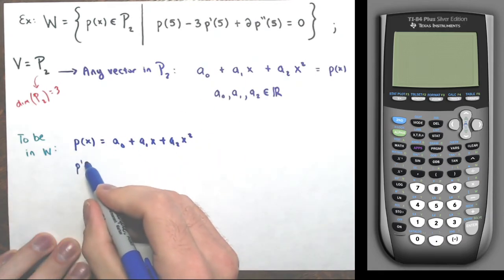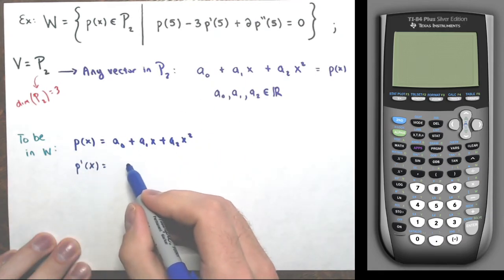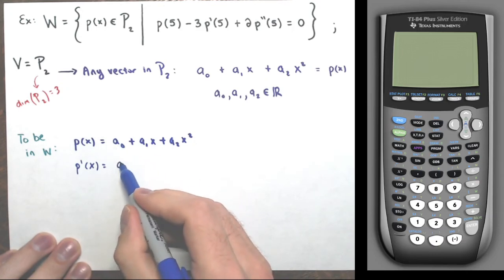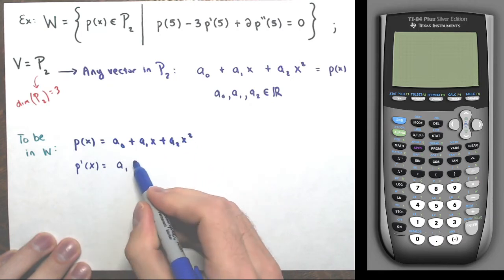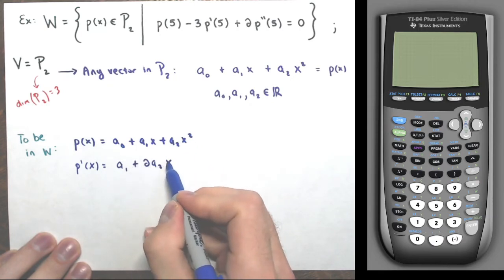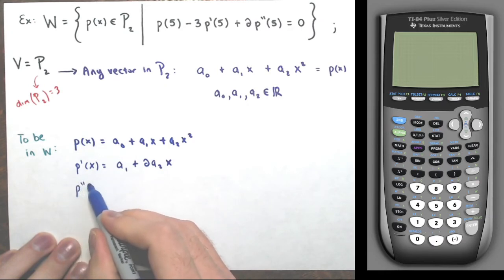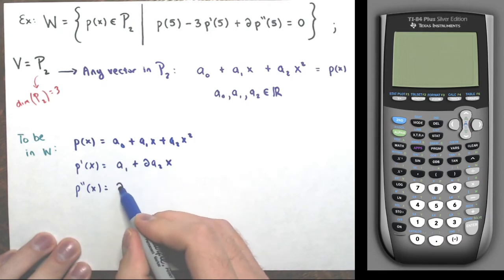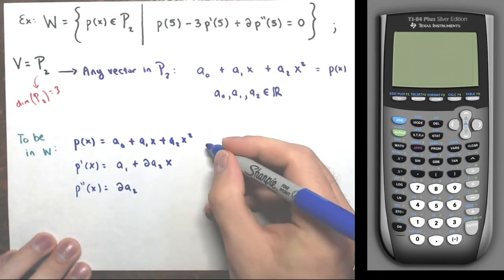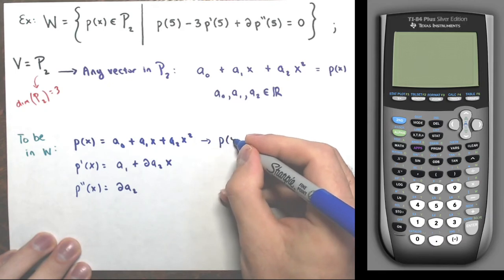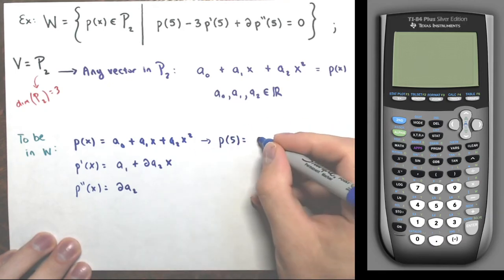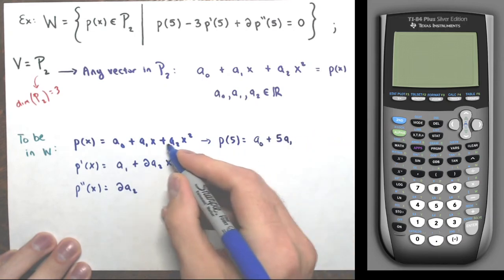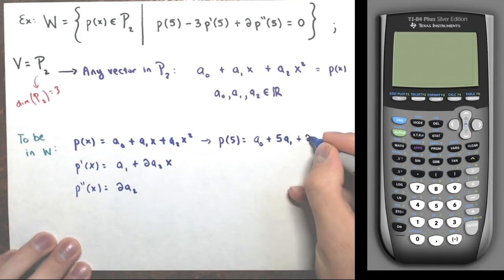So remember, p prime would just be, the derivative of a constant is 0, and this would be a1, and then power rule, you got plus 2a2 times x, and then the second derivative would just be, that's 0 again. That'd just be 2a2. All right. So the value of p at 5 would be, pardon me, a0 plus 5a1, I'm replacing x with 5, plus 25a2.